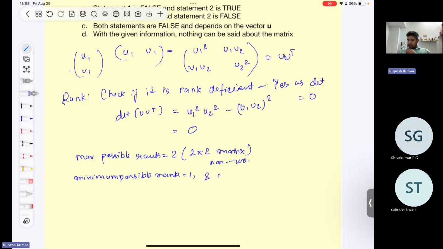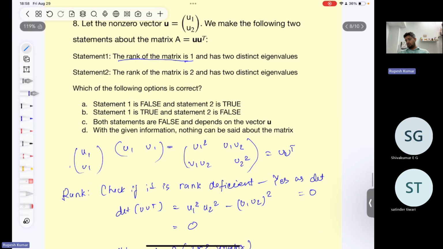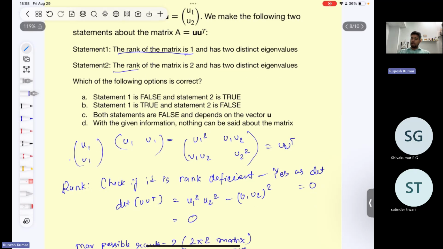Since it is rank deficient, it is a rank 1 matrix. So statement 1 says the rank of the matrix is 1. That's true, always true for this kind of matrix. Statement 2 says the rank is 2. This is clearly wrong, right? Now let's move on to the next question.